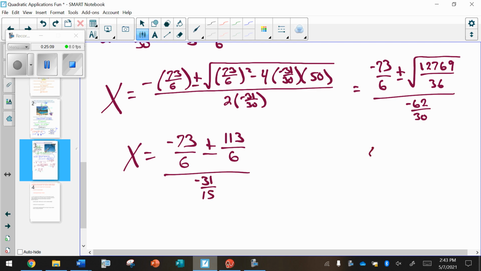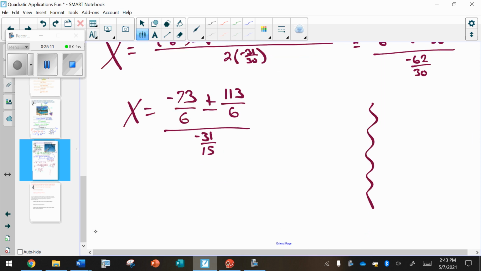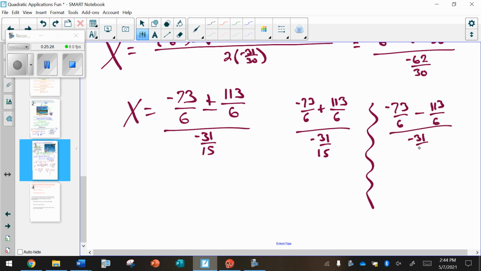So now technically I can do my squiggle McWiggle here with negative 73/6 plus 113/6 divided by negative 31/15. And then negative 73/6 minus 113/6 over negative 31/15. Now this is why we get to use calculators all the time, because this is getting messy.